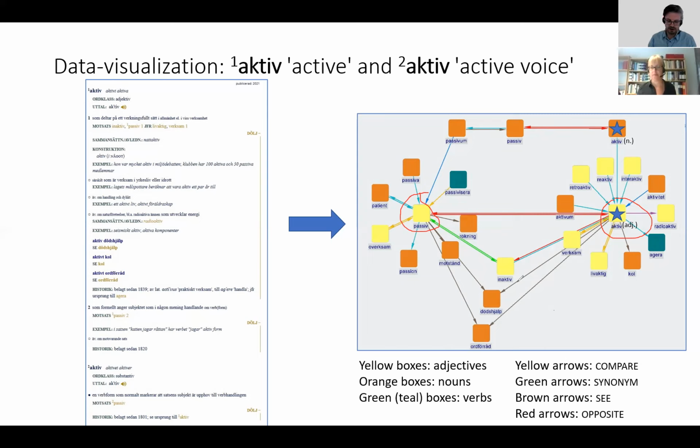And these are bidirectional or reciprocal. And we also see that there is a consistent treatment of active as a noun and passive as a noun, as you can see by the two bidirectional arrows. And as you see here, we have quite a number of different arrows which indicate the other types of relations.